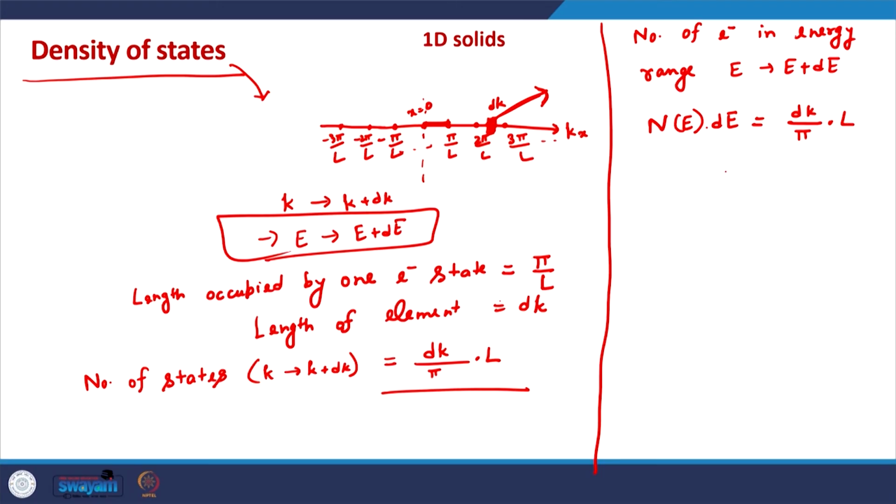And the E-k relationship as we have seen is E equals h bar square k square divided by 2m star, which means that k is square root of 2m star E divided by h bar square.